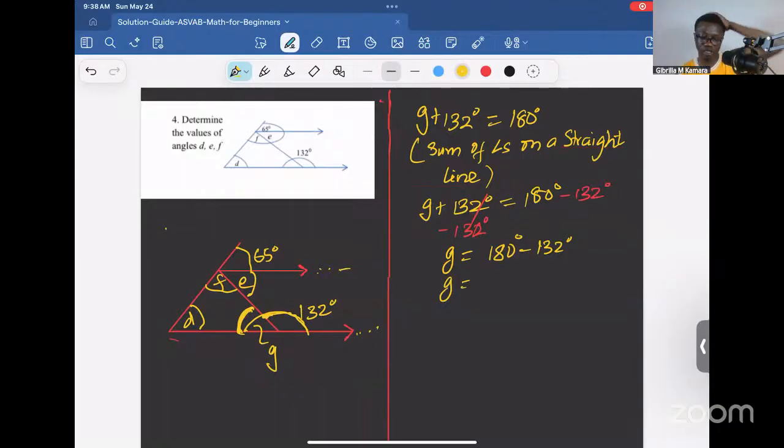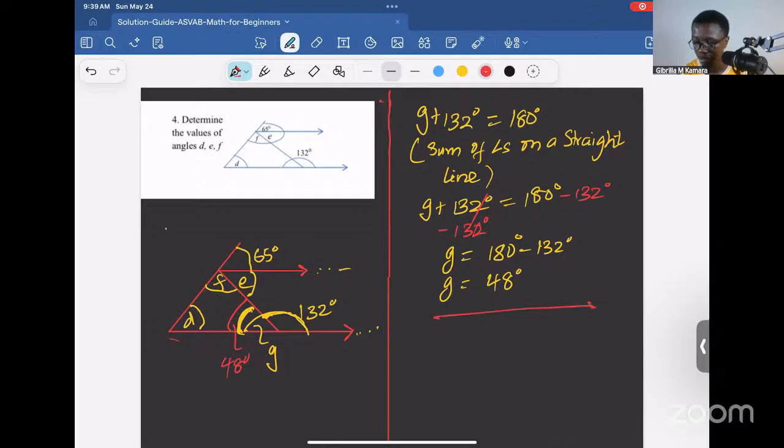If you subtract that, that gives you 48 degrees. So if this is 48 degrees, then E is also 48. E is also 48.